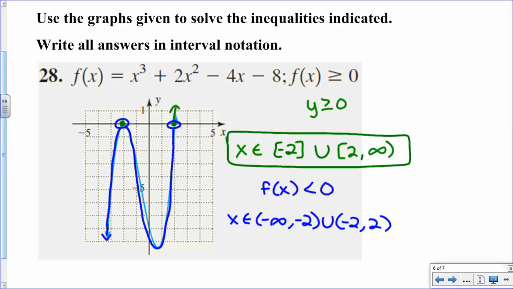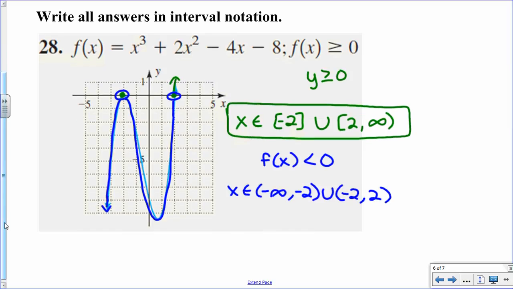Questions about this one I have in blue? So we're looking at y, but then we write our answer in terms of x. Okay, and then let's just do, if it's less than or equal to 0. So this time I want to include these points.